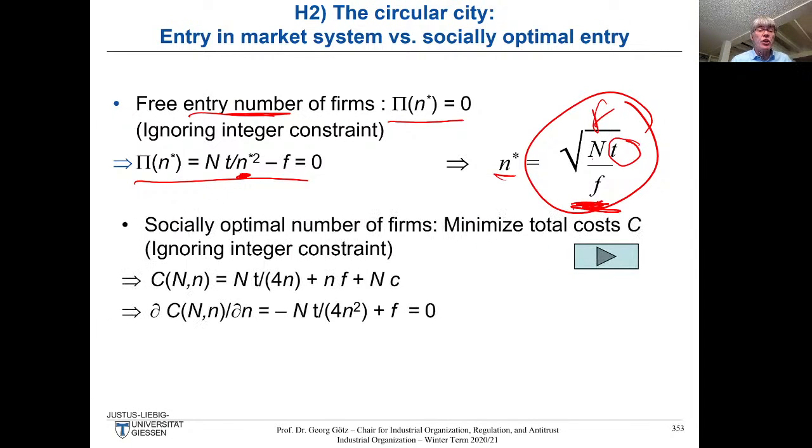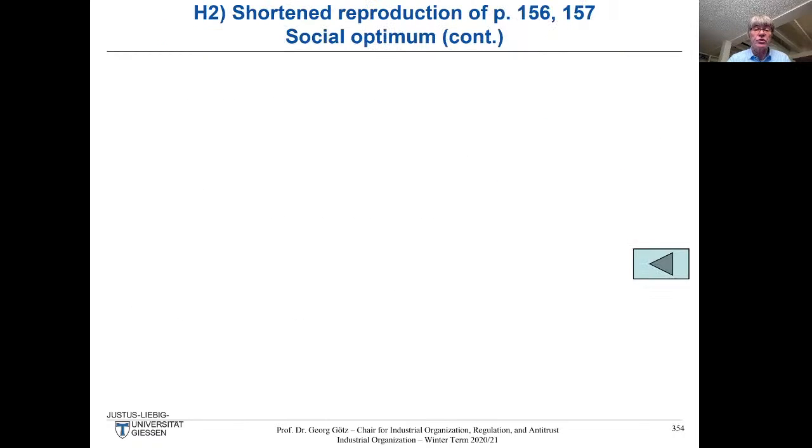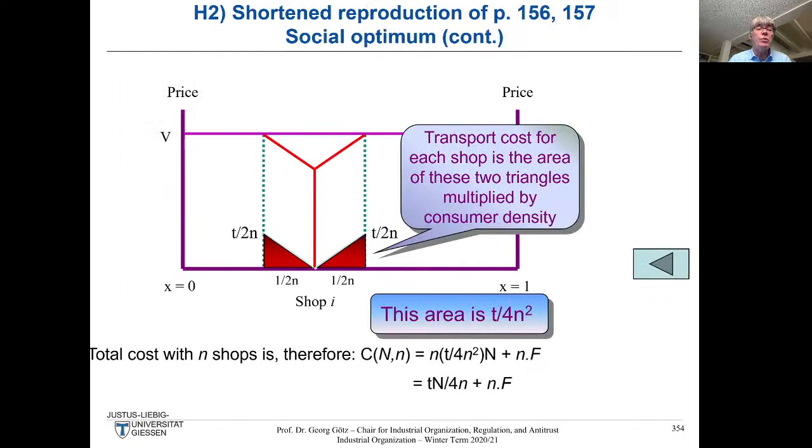Yeah, now the socially optimal number of firms, that's as we have unit demand, it's no question of, in a sense, allocative inefficiency that someone buys fewer units than expected, but it's just a question of minimizing total costs, where total costs are transport costs plus production costs plus fixed costs. That's exactly what we had here.